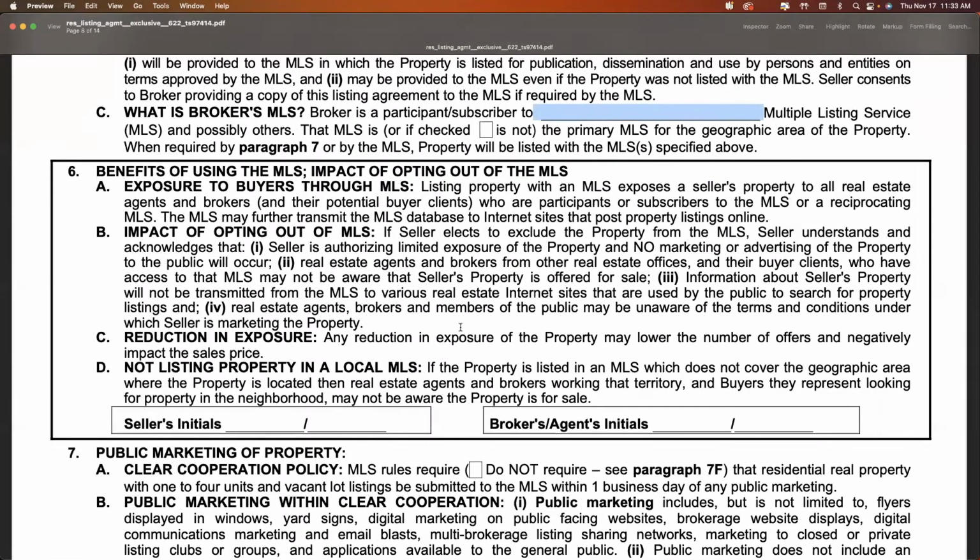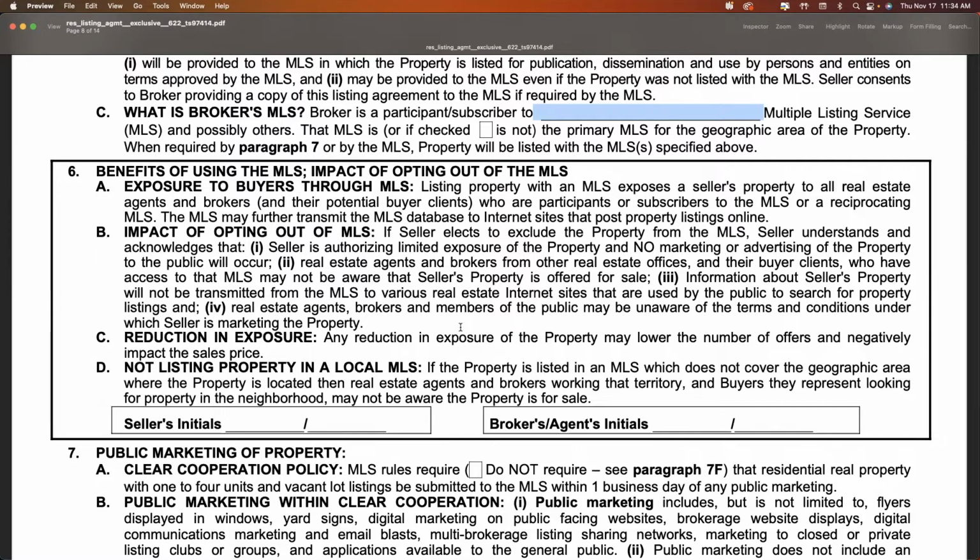Okay. This little paragraph right here is really explaining to the seller why it's important for the MLS, the exposure that you get. The reason for that is because the MLS, CRMLS and other MLSs, and even CAR and NAR, the National Association of Realtors and California Association of Realtors, believe that the majority of the time that listing agents exclude their listings from the MLS, it is the listing agent's choice to make that exclusion, not the seller's.